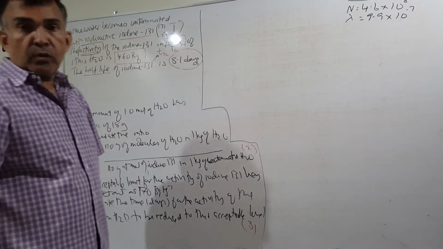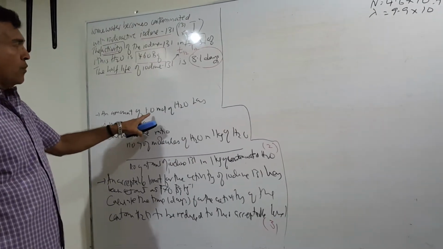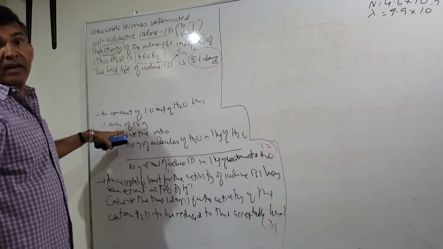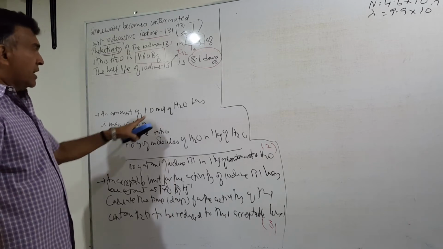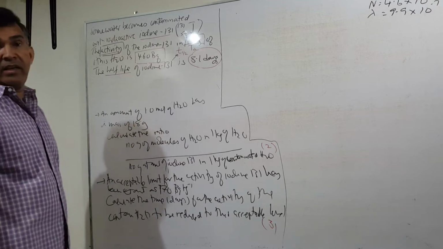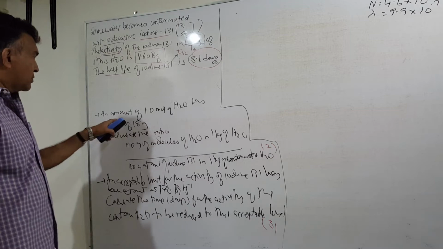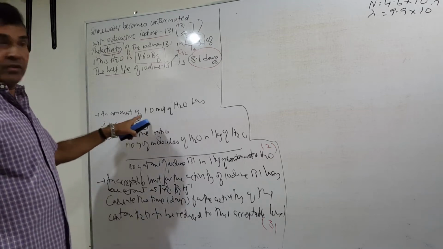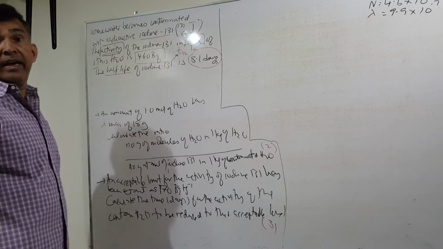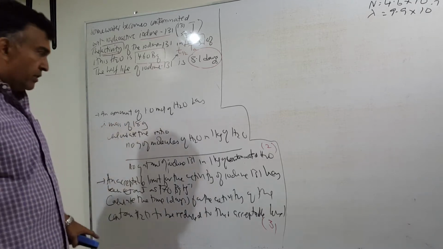The next part of this question: an amount of 1 mole of water has a mass of 18 grams. This is something that we would have seen in our O-level chemistry, but anyway, the information is given to us. You're asked to calculate a ratio.